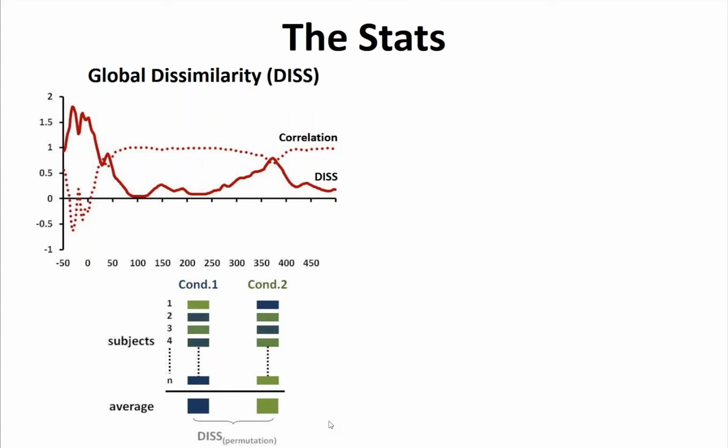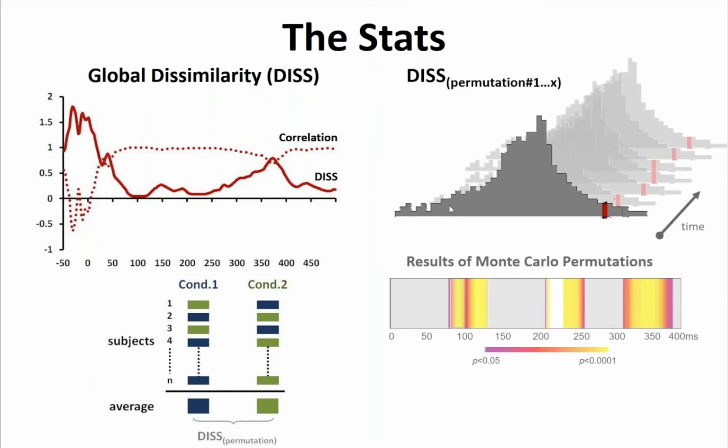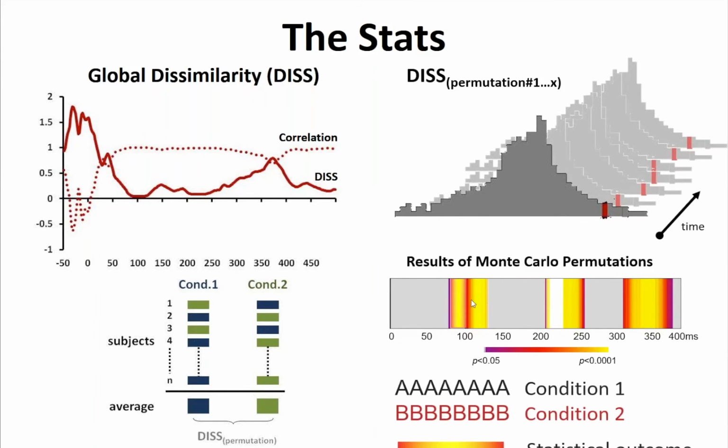This is a Monte Carlo or bootstrapping approach, and this allows you to get an actual distribution of values and to determine where your observed value lies in that distribution. It allows you to get a p-value. And you can, of course, do this not only for one moment in time, but as a function of time. So you know when in time your two conditions, in this particular example, differ topographically.